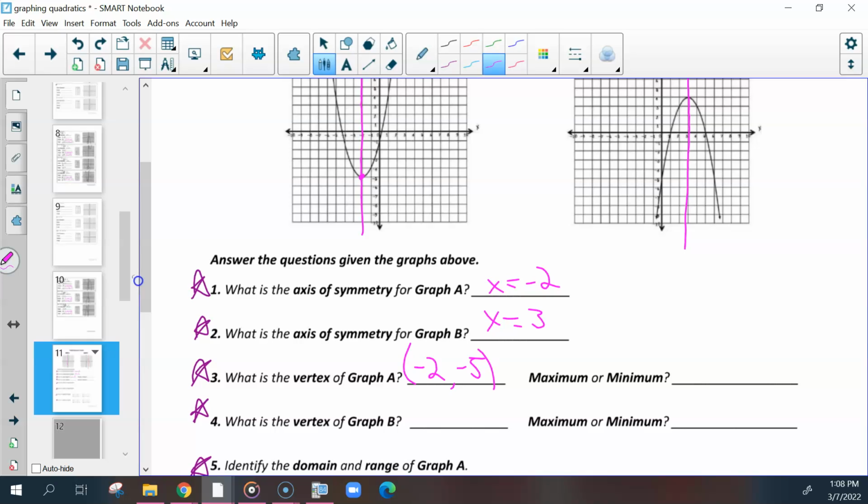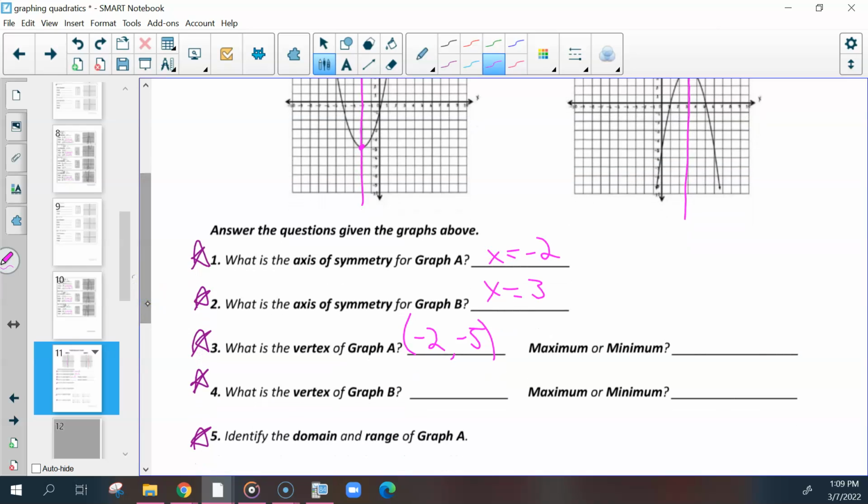Since this is at the bottom, would this be a maximum or a minimum? Is this the highest point or the lowest point? The lowest. So it's a min.